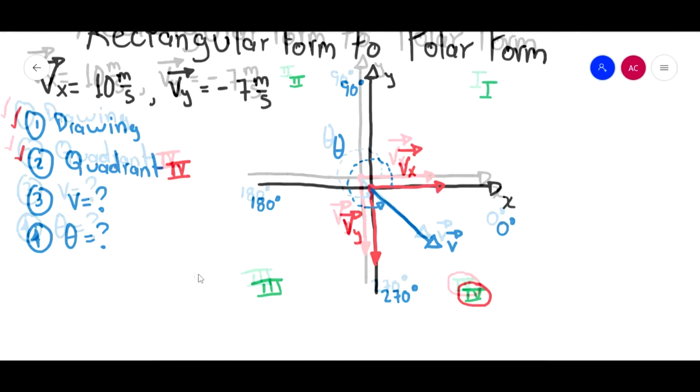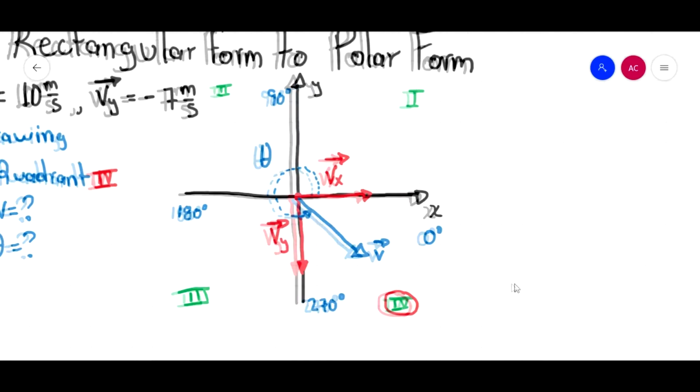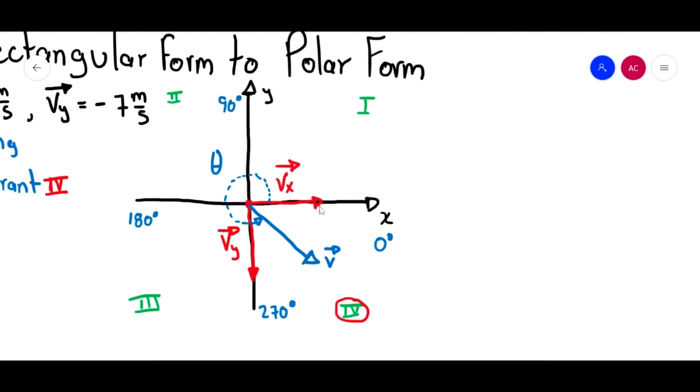So far I've got the drawing, check mark, and the quadrant, check mark. Now next, I'm going to draw the little triangle. Remember that every vector forms a right triangle with its components. So I'm going to draw the triangle. Over here, I've got the hypotenuse. I told you in the previous video that the vector is always the hypotenuse of a right triangle.